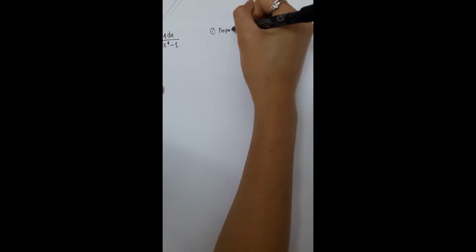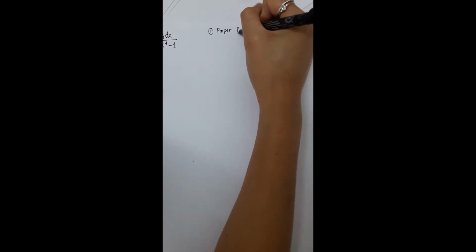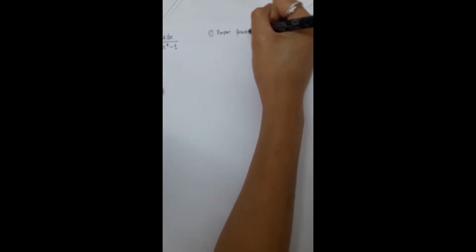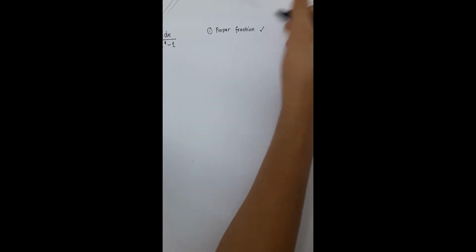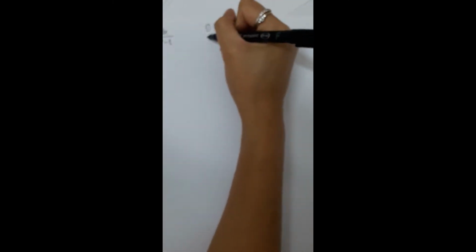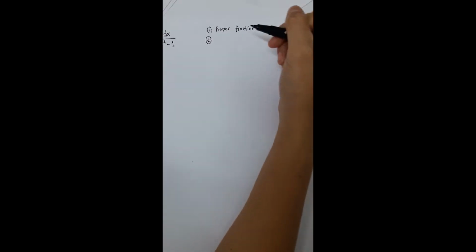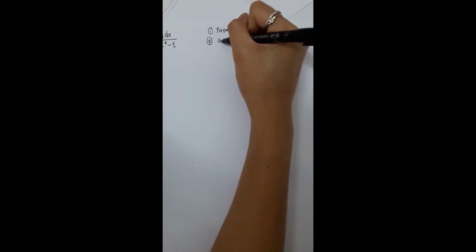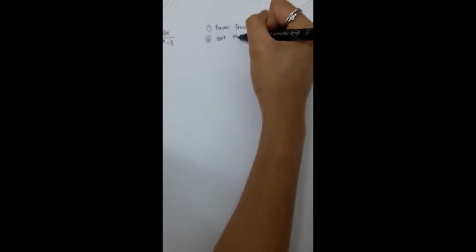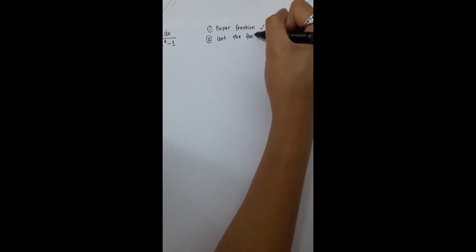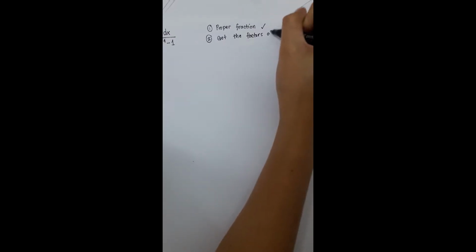So we may skip the first step, the long division, and go directly to the second step, which is to get the factors of our denominator.